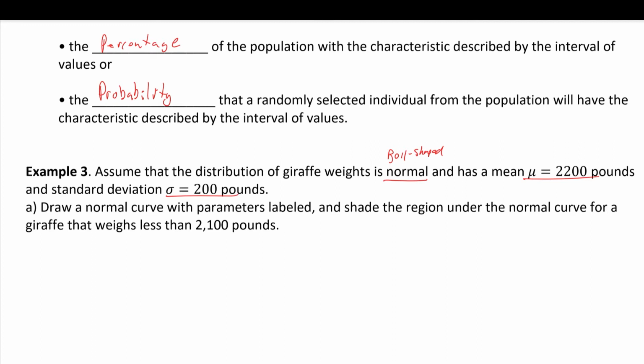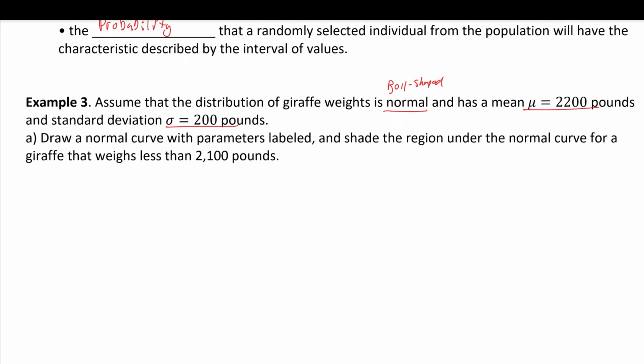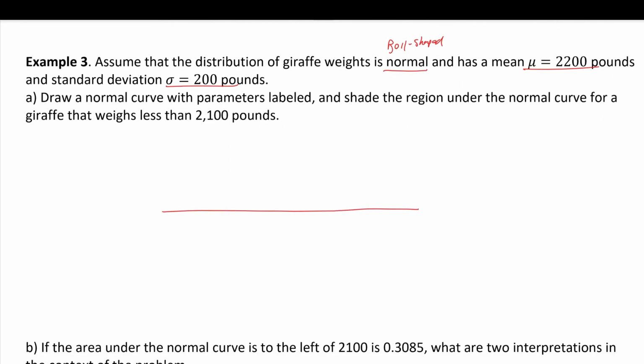Okay, for all these problems when you're dealing with normal distributions, you want to make it a habit to draw a normal curve. You're going to do this quite often. All right, we always want to label the center, which in this case is the mean, 2,200 pounds.